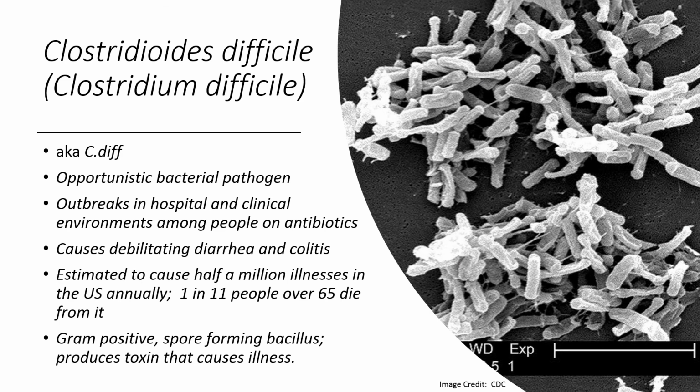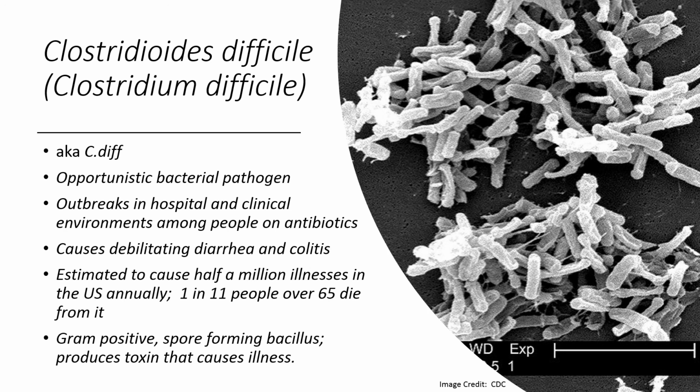Clostridioides difficile used to be known as Clostridium difficile. It's also known as C. diff. It's an opportunistic bacterial pathogen. It can live in the intestines of healthy people, where it faces microbial antagonism by other microbes in the intestines. Outbreaks of C. diff usually happen in hospitals and hospital-like environments among people who are on antibiotics.